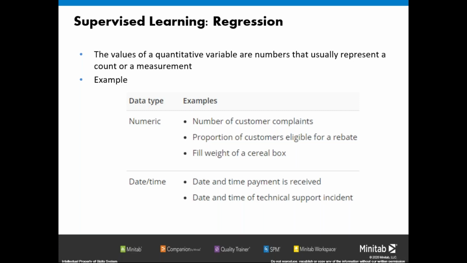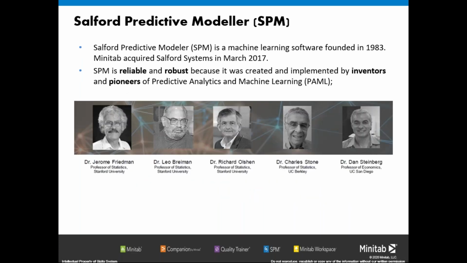Okay, for the supervised, we go for Salford Predictive Modeler, or SPM. Salford Predictive Modeler is machine learning software founded in 1983, and in 2017 Minitab acquired Salford Systems.